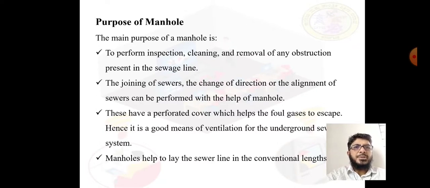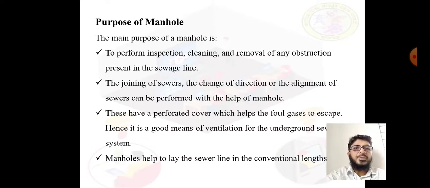The main purpose of a manhole is to perform inspection, cleaning, and removal of any obstruction present in the sewerage system. Next, the joining of sewers, the change of direction or the alignment of sewer can be performed with the help of a manhole.